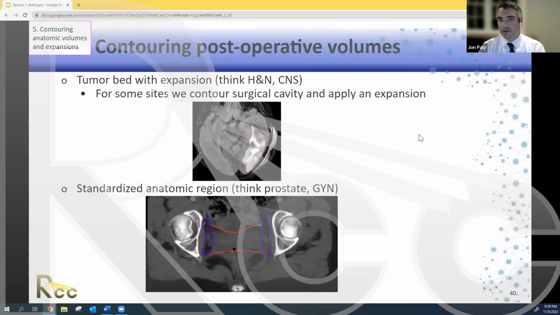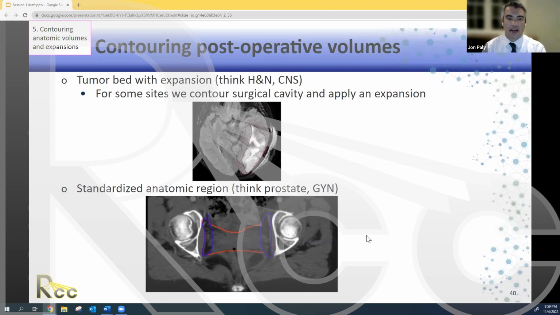Now, contouring post-operative volumes, as we mentioned, kind of falls into two flavors. There's the tumor bed with an expansion. Immediately, things that come to mind are head and neck and brain. Here I have a GBM where we're contouring the post-op flare and cavity, and then applying an expansion. In this case, we're carving off the bone here because we're not at risk of having that brain tumor growing into the bone.